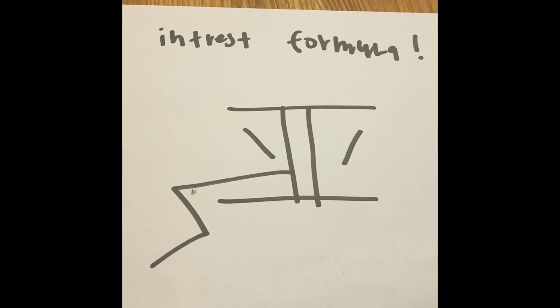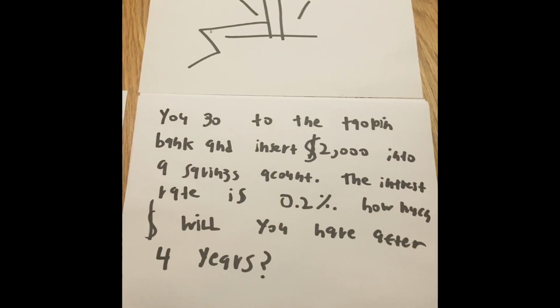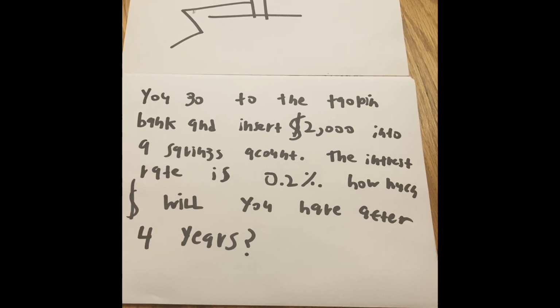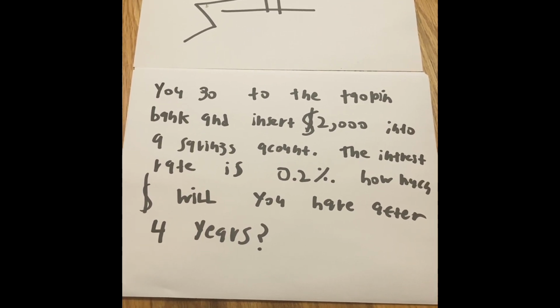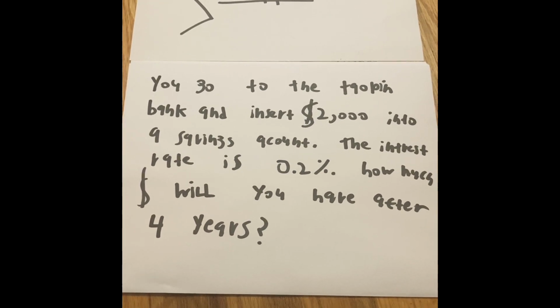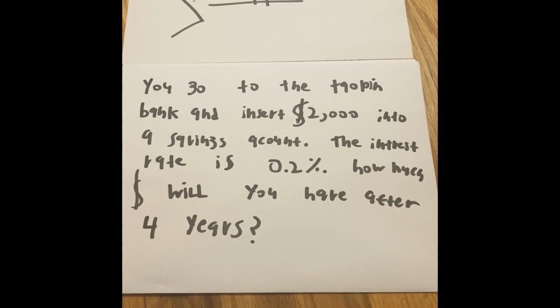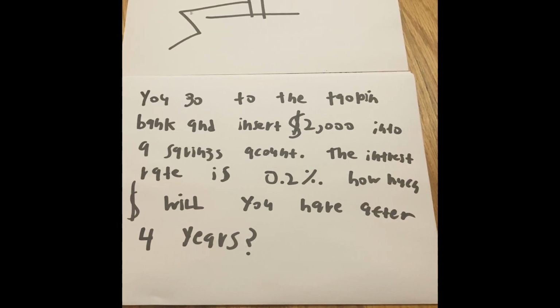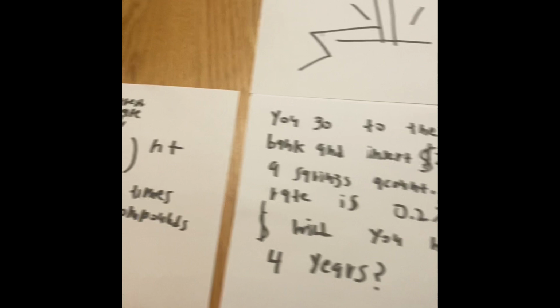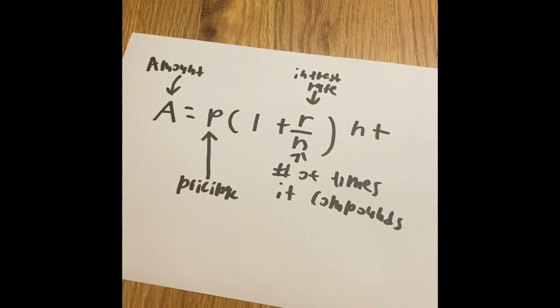For example, here is a word problem that we're going to solve, and we're going to calculate what the interest is and what the cash is after the interest has happened. You've probably seen these kinds of formulas.